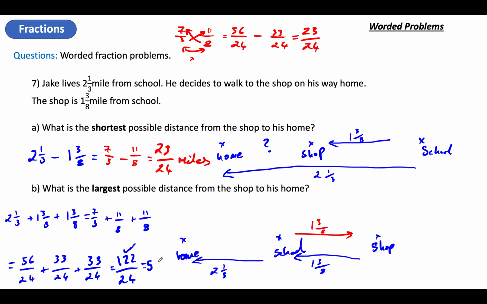And 5 lots of 24 is 120, which means there are 2 bits left over. So it's 2 24ths. Sorry, it's got a little bit scrappy, this, hasn't it? So the answer is 5 and 2 24ths. Or, if you simplified it, 5 and 1/12, wouldn't it? Because 2 24ths is the same as 1/12. Whew, a lot of work, that one.